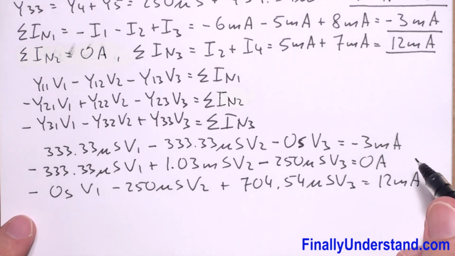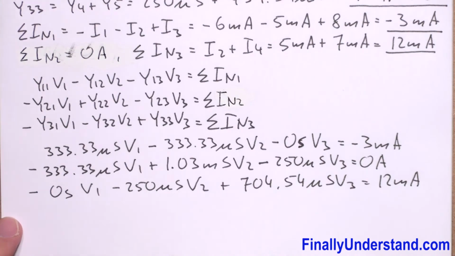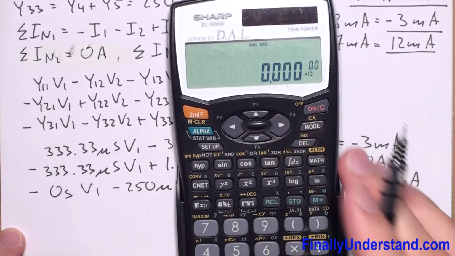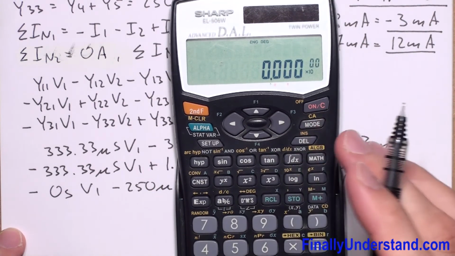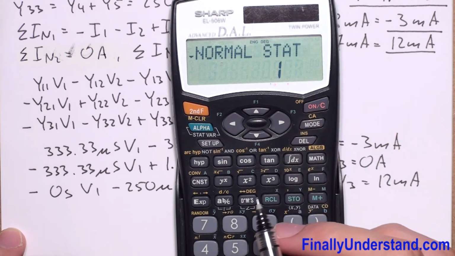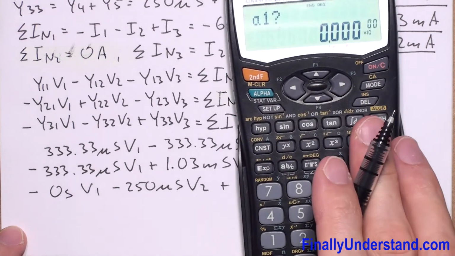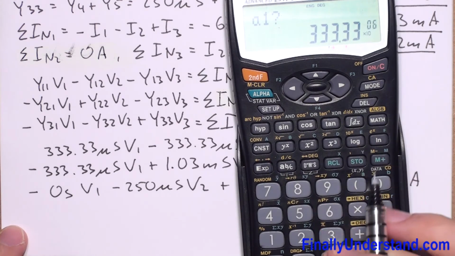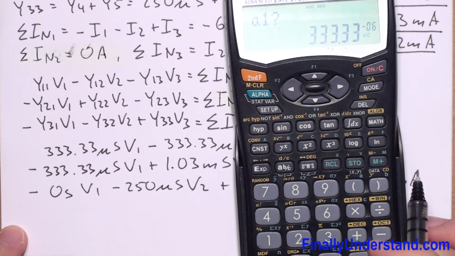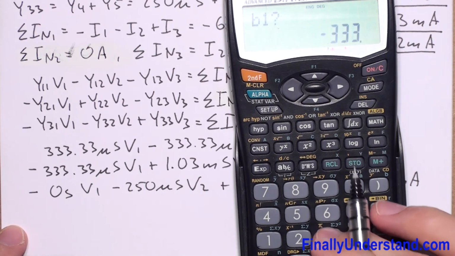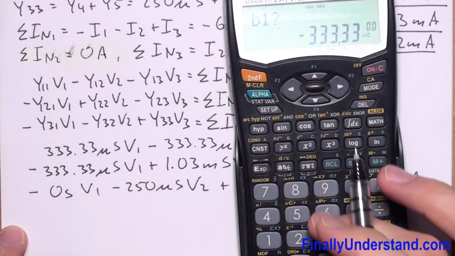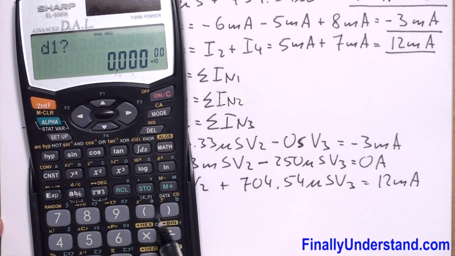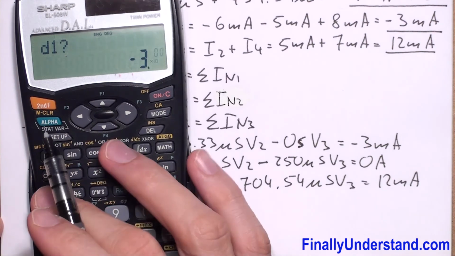Next we're supposed to plug these equations into the calculator. You can do this manually, of course, but if you can do this on the calculator, it's okay also. First row: 333.33 exponent 6 negative, negative 333.33 exponent 6 negative, 0, and negative 3 exponent 3 negative.